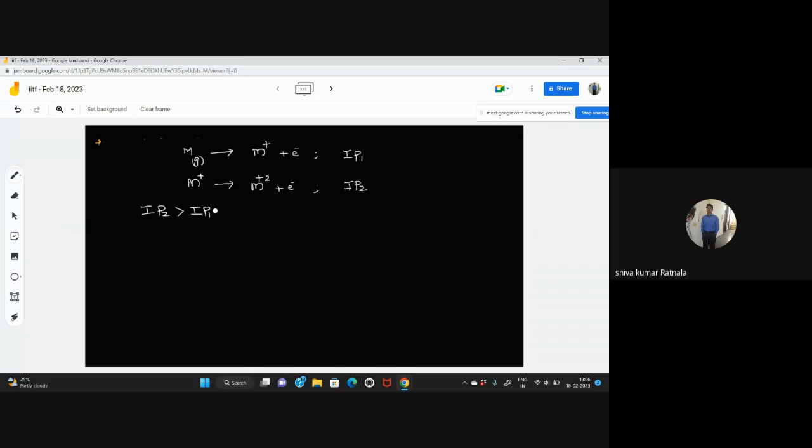Now why is IP2 always greater than IP1? The reason is, anyone tell me? Sir, IP2 requires more energy to pull the electron because of the electronic repulsion. No, positive charge. After removing one electron, the nuclear charge will increase.